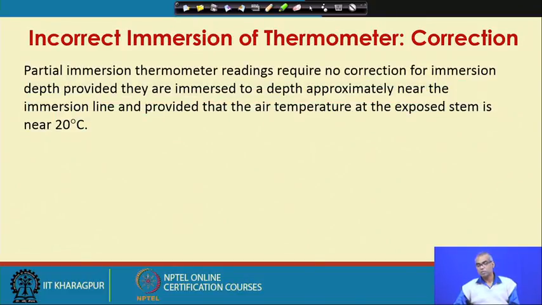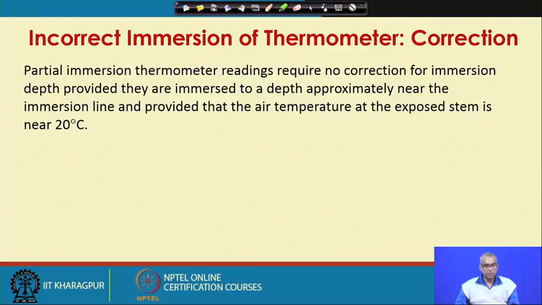Incorrect immersion of thermometers. So, how do I correct for this? Partial immersion thermometer readings require no correction for immersion depth, provided they are immersed to a depth approximately near the immersion line and provided that the air temperature at the exposed stem is near 20 degrees Celsius.